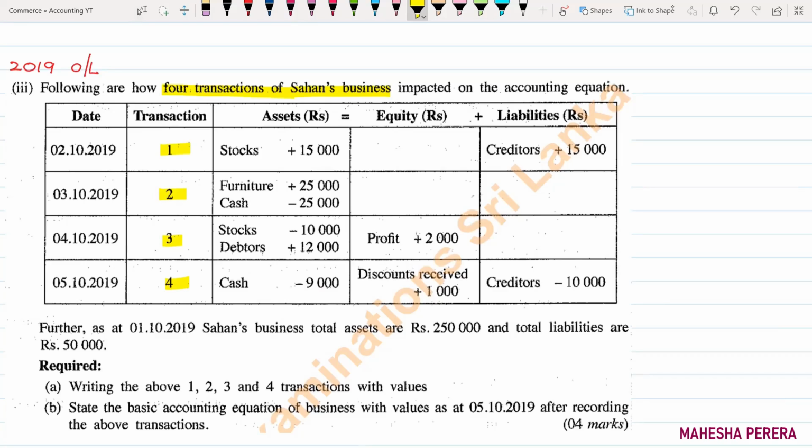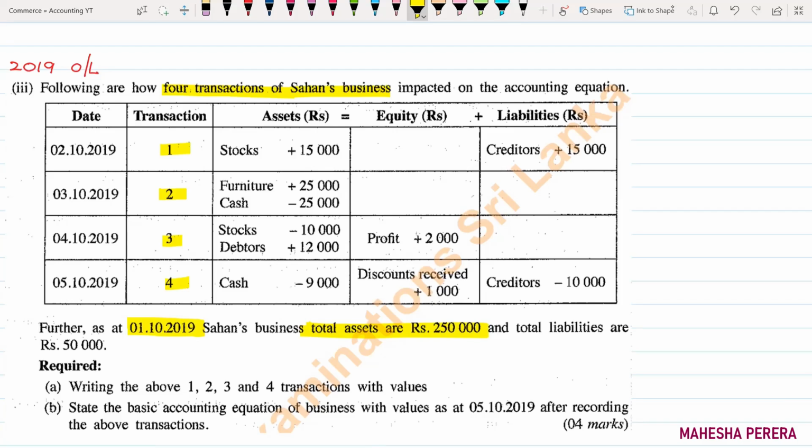Further, it says, as at 1st of October 2019, Sahan's business total assets are 250,000 rupees. Okay. So what is this 250,000 rupees? This is the opening balance of assets as at 1st of October. When October starts, the total value of assets is 250,000 rupees.